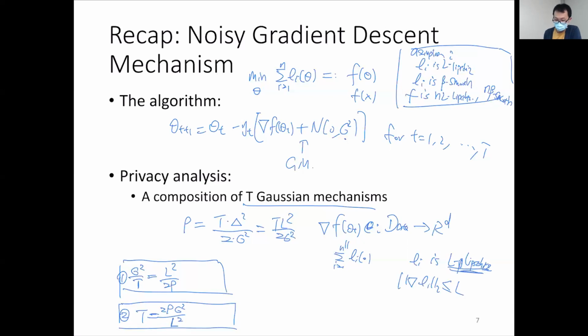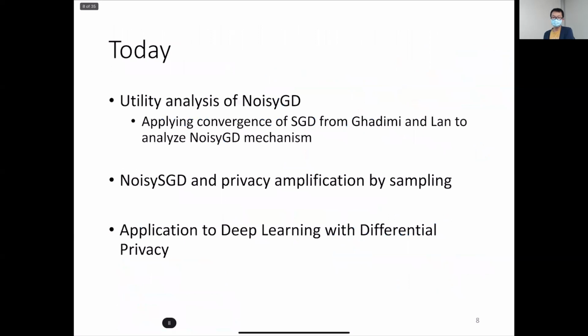We'll also talk about additional properties when we run into them. For instance, we want to understand how well this noisy gradient descent algorithm would perform in strongly convex optimization problems. But we'll see that momentarily.